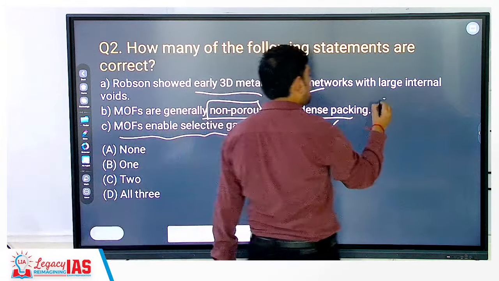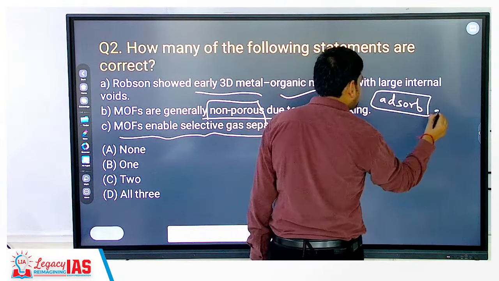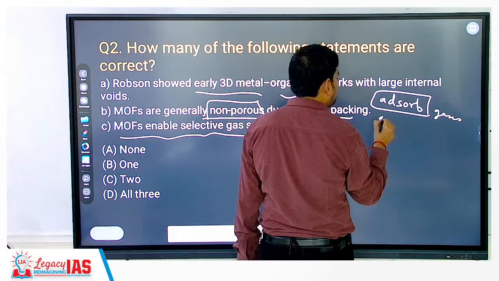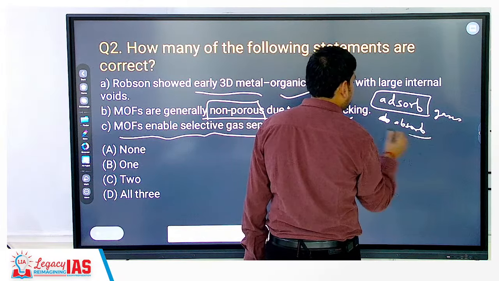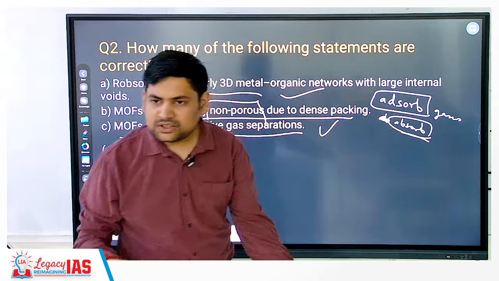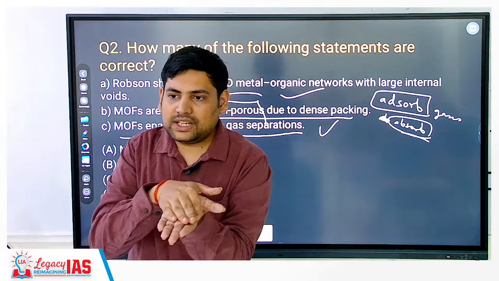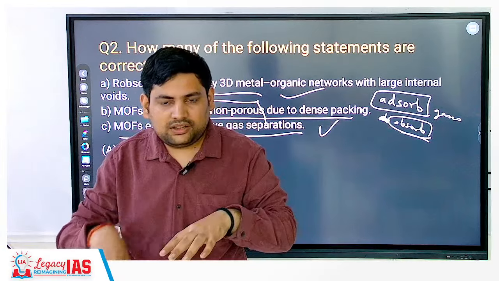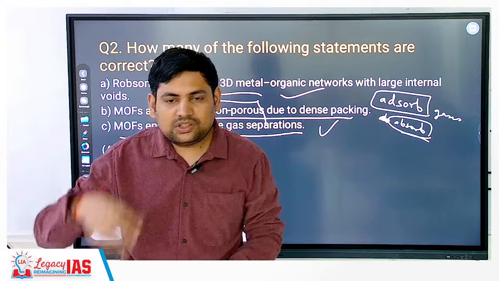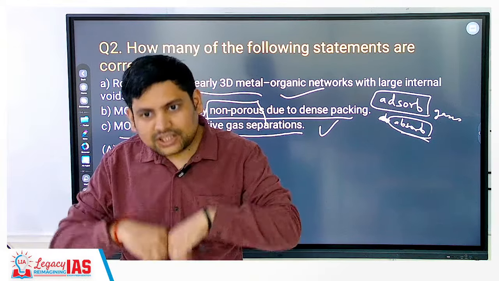Now one thing, please don't do wrong: it adsorbs gases. It does not absorb gases. There is a difference. Absorb means what? It takes it in completely or engulfs it. For example, when you eat food, you absorb the nutrients. That is, you completely take it in.